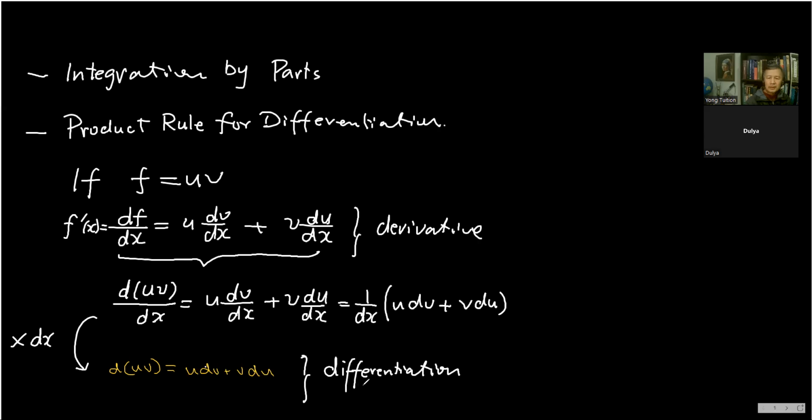In the first derivative, we found df/dx. In this case, we just found the df. Can you see? So that is the difference between the derivative and the differentiation.